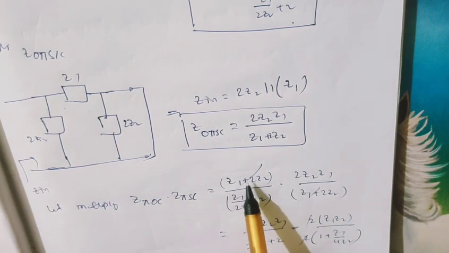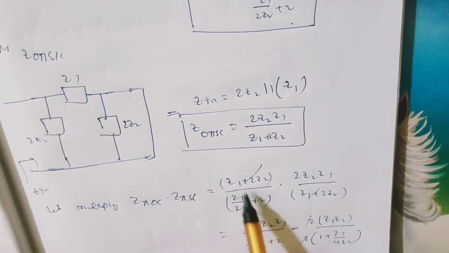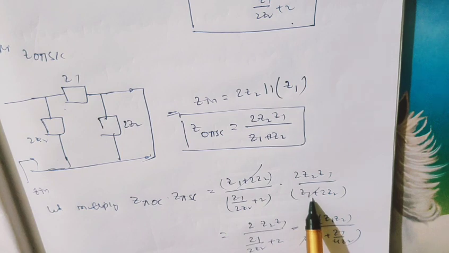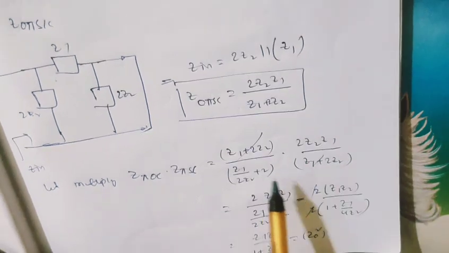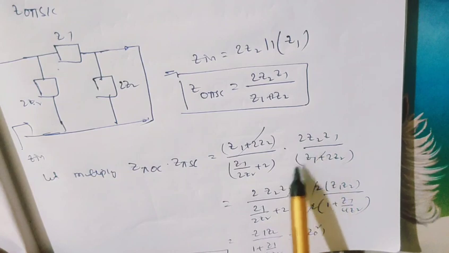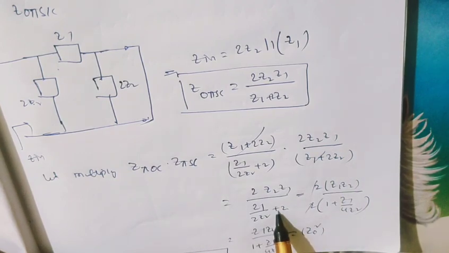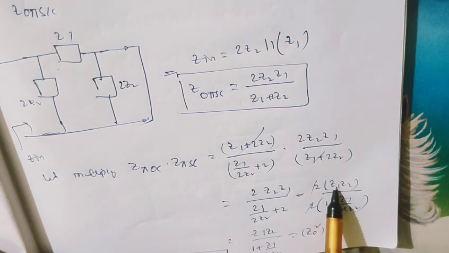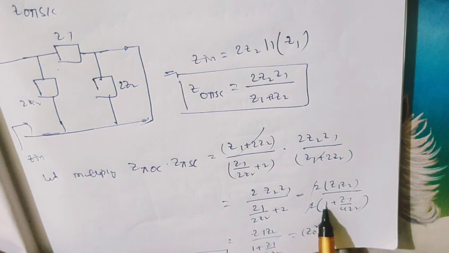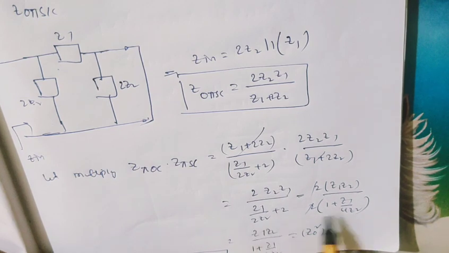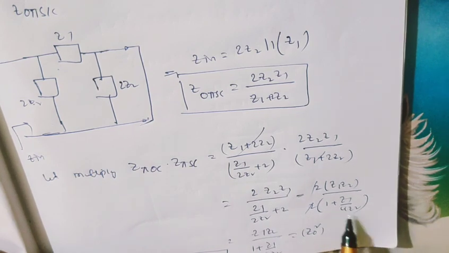I'm multiplying these two. In the numerator we have the Z1 plus 2Z2 term, and in the denominator we have the Z1 plus 2Z2 term, so let's cancel them out. We finally get 2Z2 Z1 by (Z1 by 2Z2 plus 2). From this, take down the 2 term as a common. So we'll get Z1 Z2 by (1 plus Z1 by 4Z2).